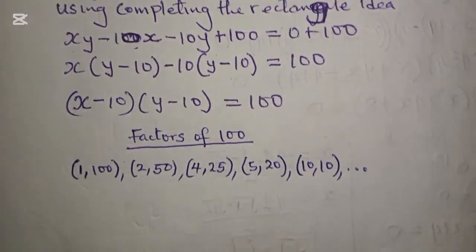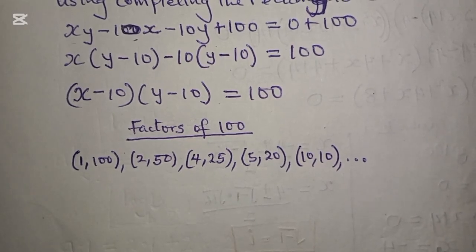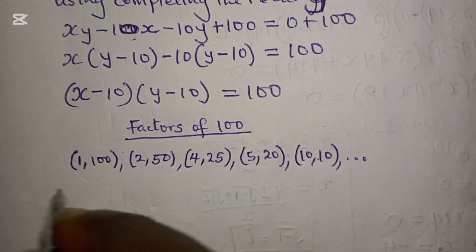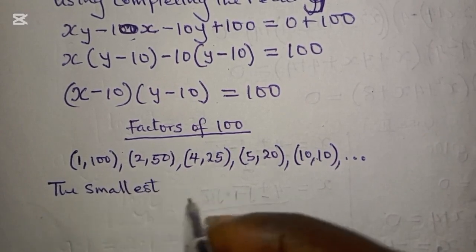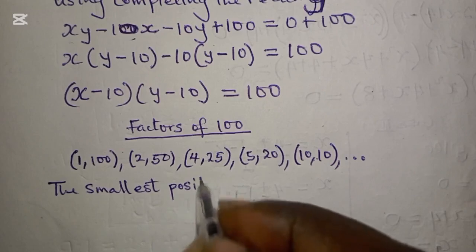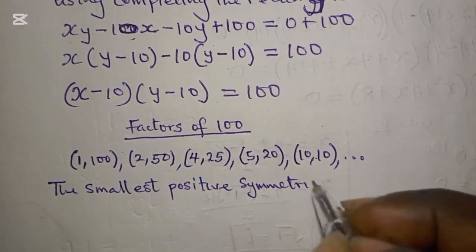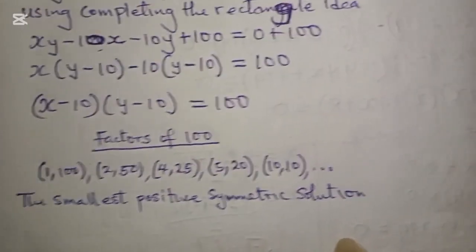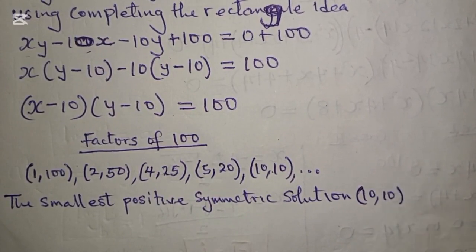But when you look at all these factors, the smallest positive symmetric solution is 10 and 10.